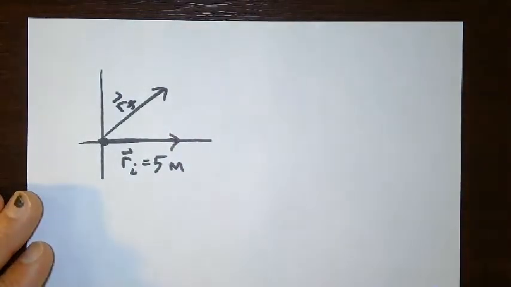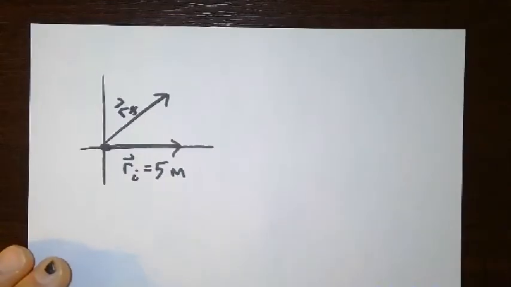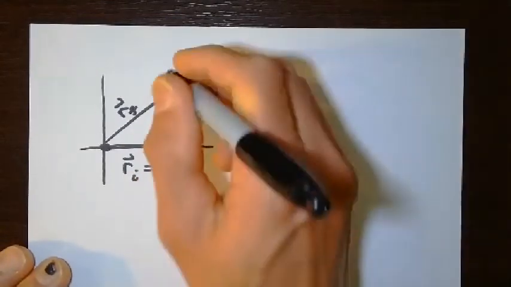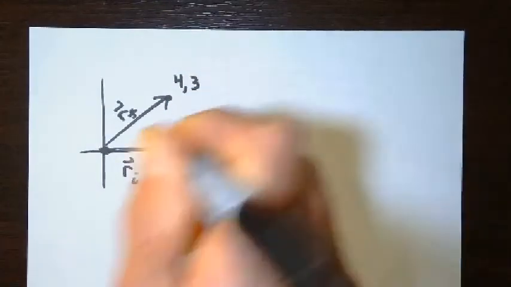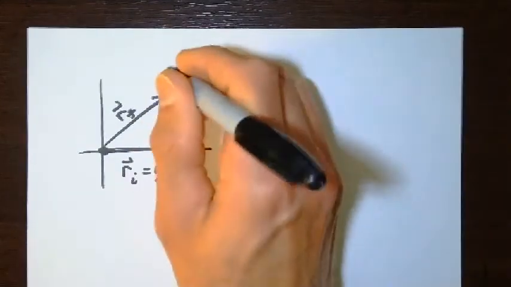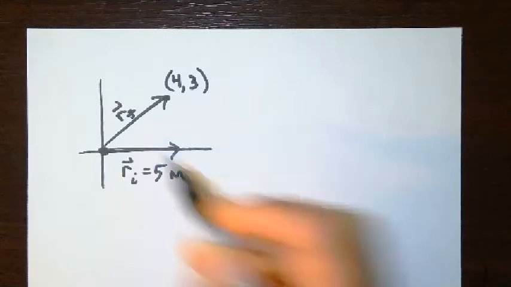And why don't we use the values that we had used before? So let's make this go to 4, 3. Okay, so this is the hypotenuse of a 3, 4, 5 triangle.